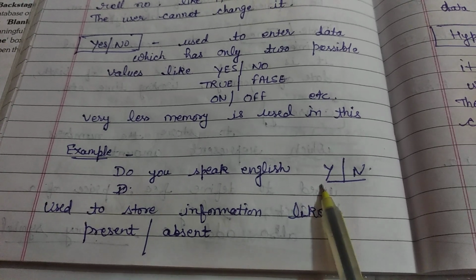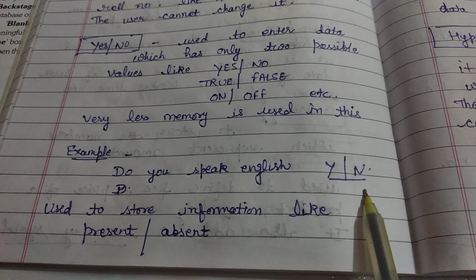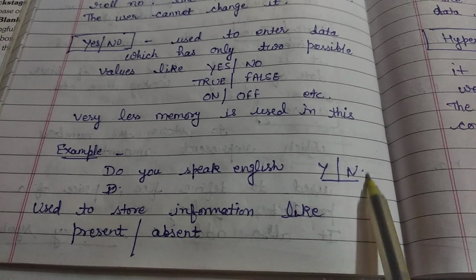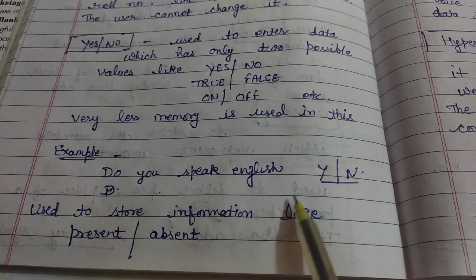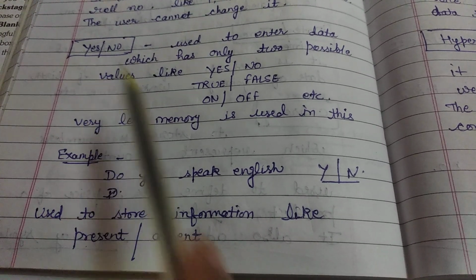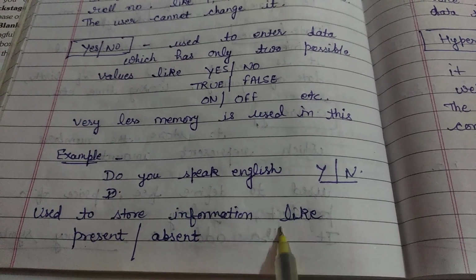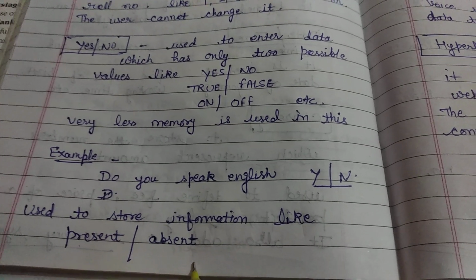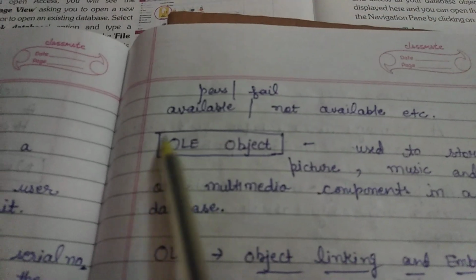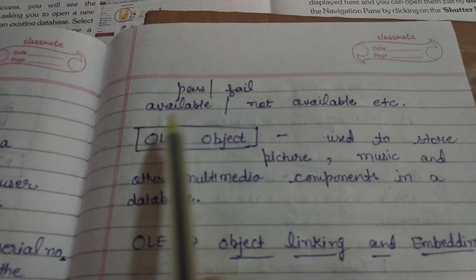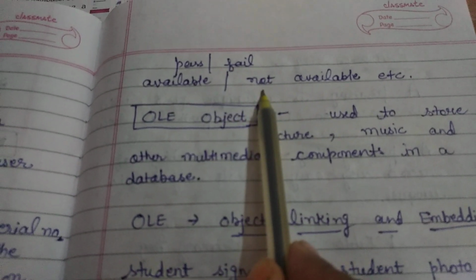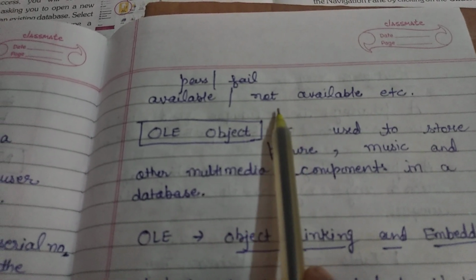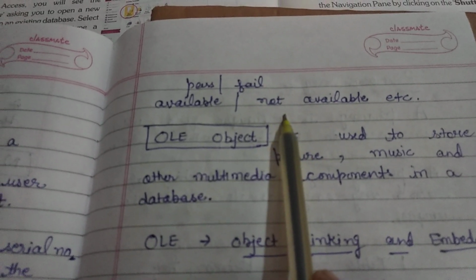The answer will be yes or no. So in these types of data, you will use this yes no data type. This is used to store information like present, absent, pass, fail, available, not available.